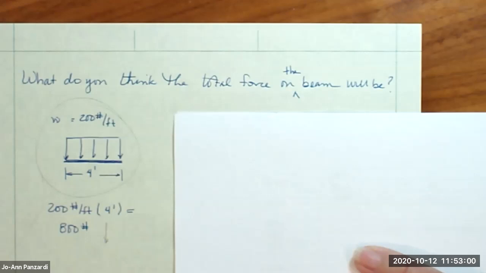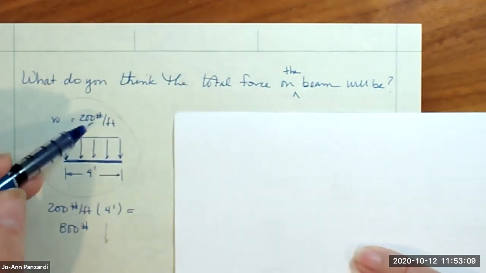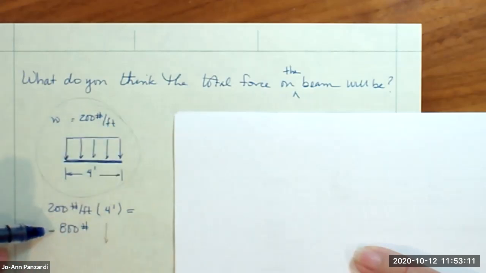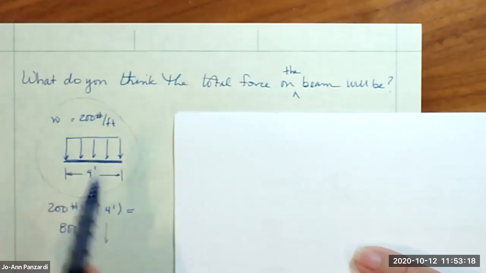Now, in terms of equivalent systems, you're trying to simplify a problem. And a distributed load is kind of a complicated problem, and we want to simplify it. So if I now took this distributed load and I simplified it to a point load of 800 pounds, where would you put that 800 pounds? And you're right if you said it would be in the center of this beam.